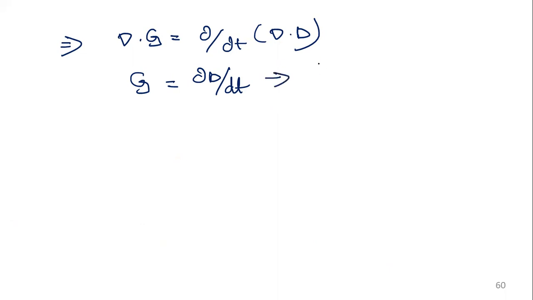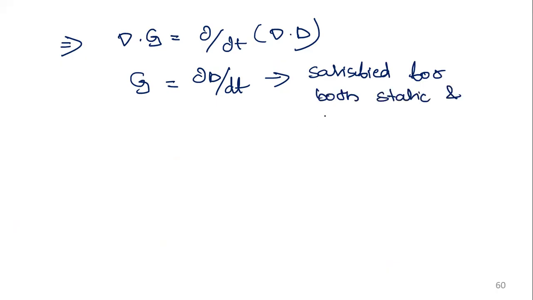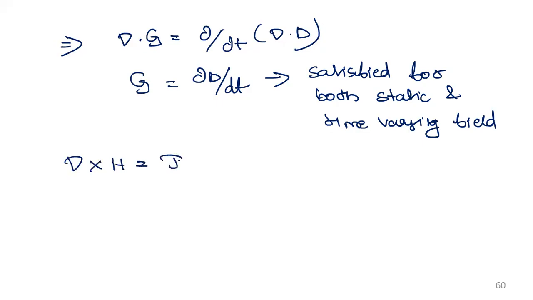So this particular equation is satisfied for both static and time varying field. So this makes our equation del cross H satisfied for both static and time varying field. So finally we can say del cross H is equal to J plus dou D by dou t.